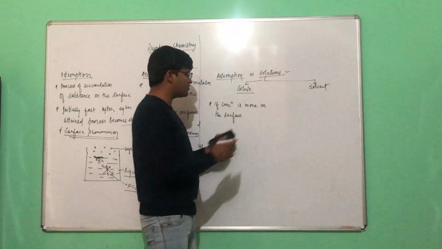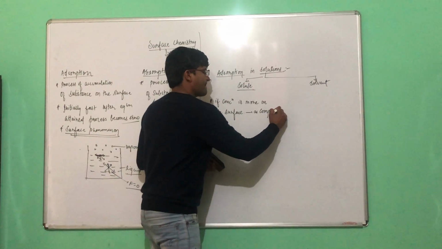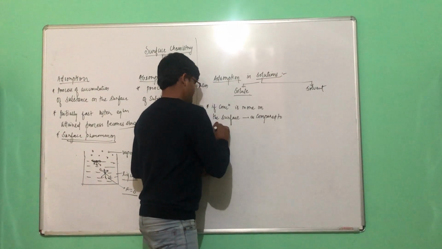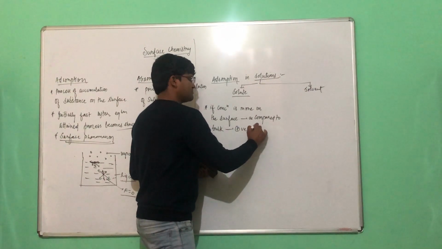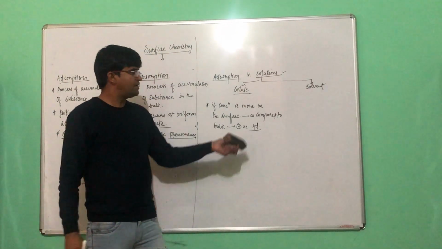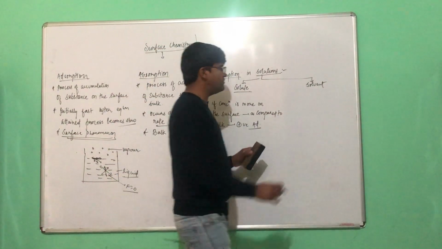If the concentration is more on the surface as compared to the bulk, then it is known as positive adsorption. If the concentration is less on the surface as compared to the bulk, it is negative adsorption.